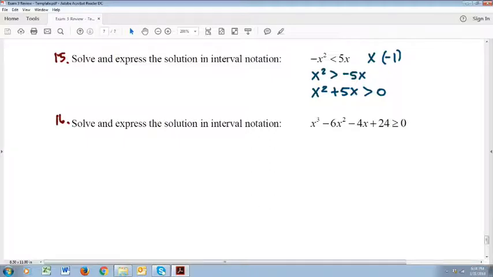At this point, you could factor out an x, and you'll have your boundary values, and then you can go from there. On number 16, it does factor by grouping, and so you'll want to do that to get your boundary values. And again, you can find the details on the answer sheet, but that's going to do it for this video.